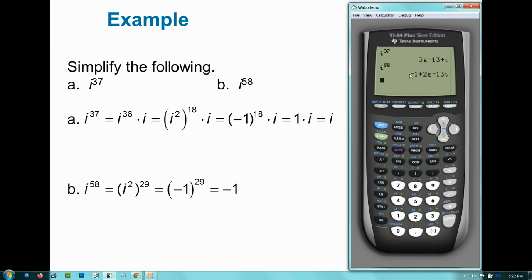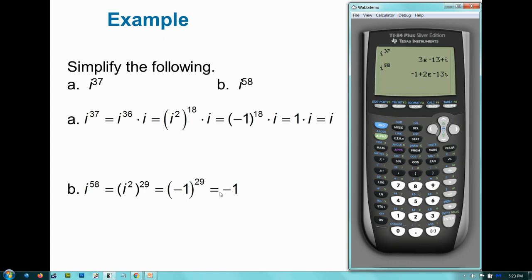Now you're saying, well, why is your calculator that way? It gets confused with the letter i. It knows letter i, but when it starts raising i to powers, it gets a little confused, and it gives me this really small number. E is like base 10. 10 to the -13th is some crazy tiny little decimal. So it's giving me -1 plus this tiny little decimal.